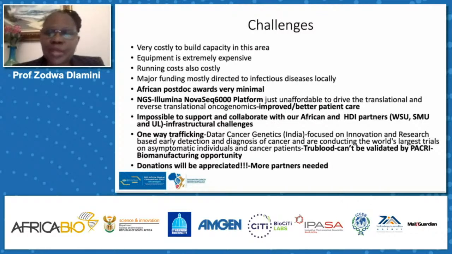And then to drive translational research in cancer, especially precision oncology, is quite challenging. And this is a tool that will assist really to getting to improve or better patient care, because that will really enhance the field of precision oncology and targeted therapies.